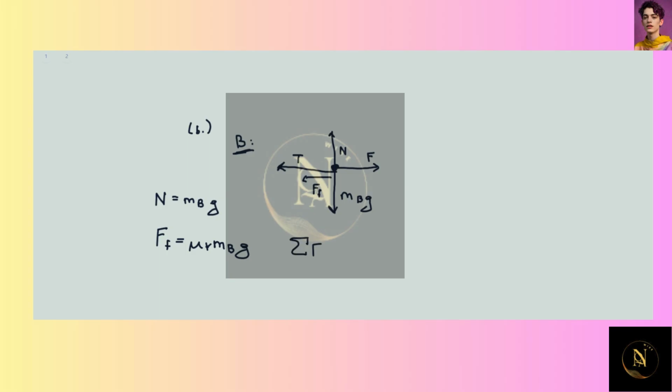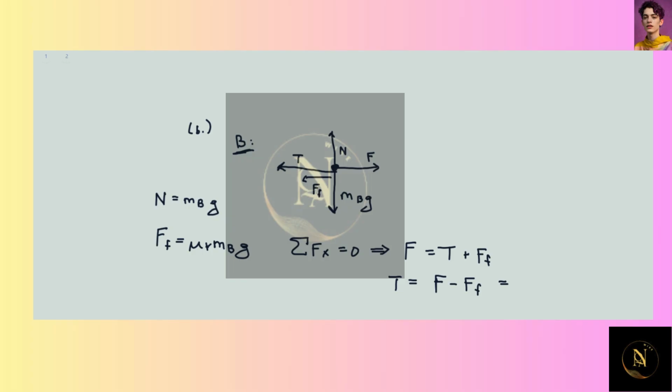Now, the sum of the forces in the x direction is equal to 0 implies that our applied force is equal to the tension plus the friction force, which implies that tension is equal to our applied force minus our friction force.